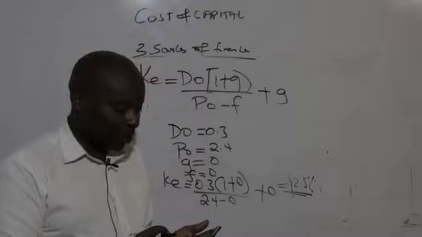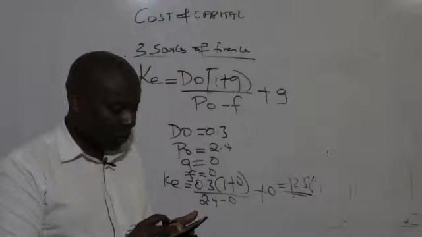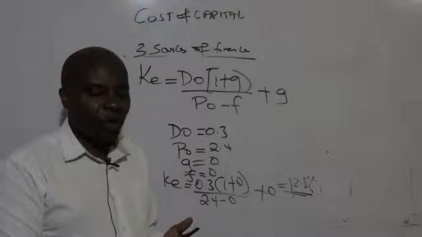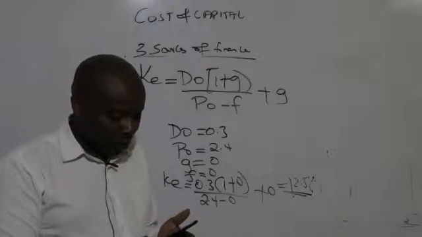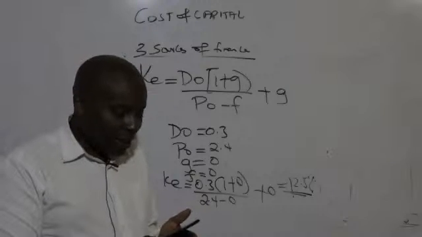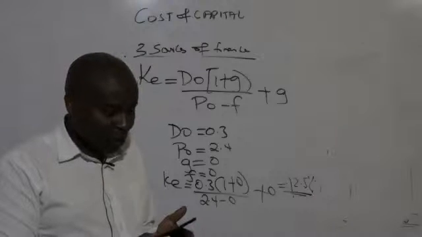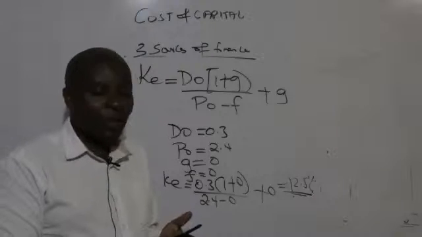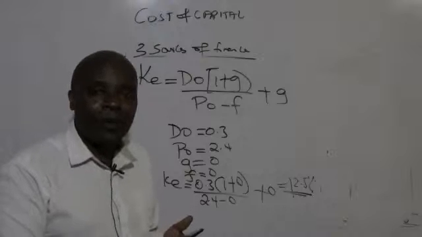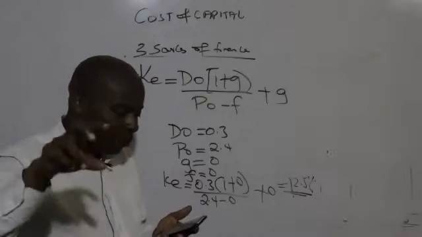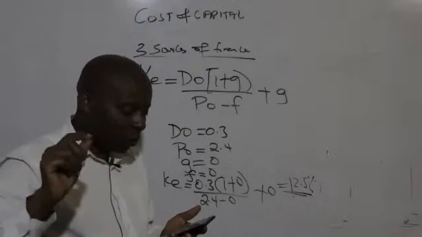That is example 2, still on page number 2. We are told A Limited has in issue Kenya shilling 0.5 million shares with a market value of 4.2. So this time around, our market value per share, P0, is 4.2.